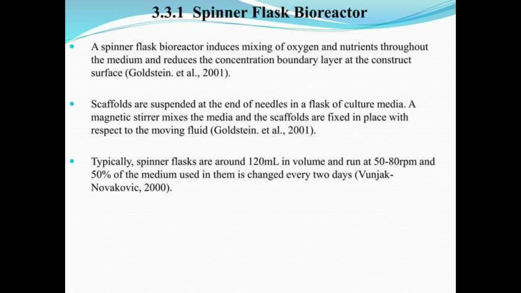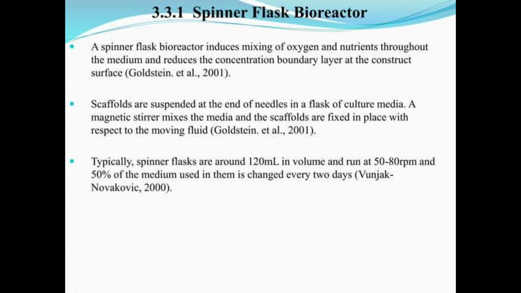A spinner flask bioreactor induces thorough mixing of oxygen and nutrients throughout the medium and reduces the boundary layer concentration, so that all the cells present in the medium acquire oxygen as well as nutrients. The scaffolds are suspended at the end of needles in the flask of culture media.